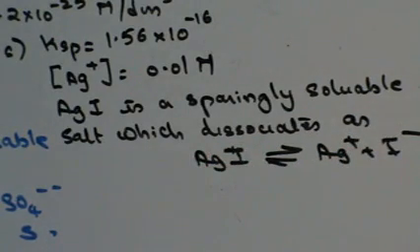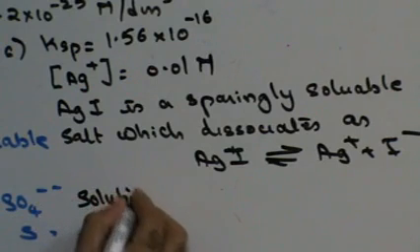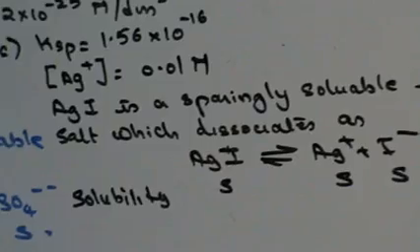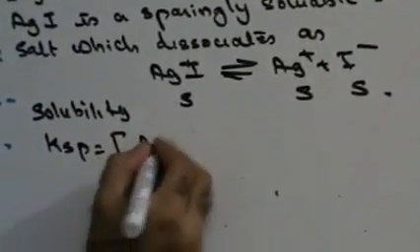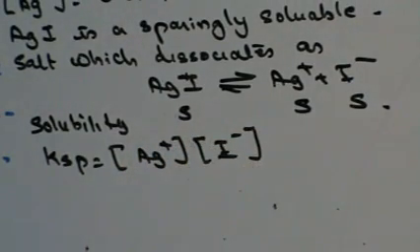In which case I can say that solubility, if this is S, then this will be S and this will also be S. Then I can say that Ksp is silver ions into iodine ions, right? You have Ksp, you know the solubility of silver ions, so you should get the solubility of iodine ions.